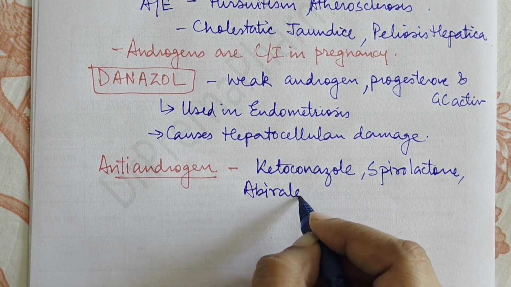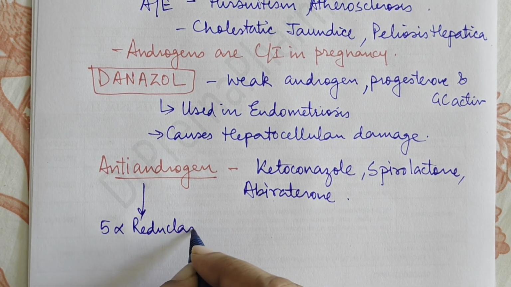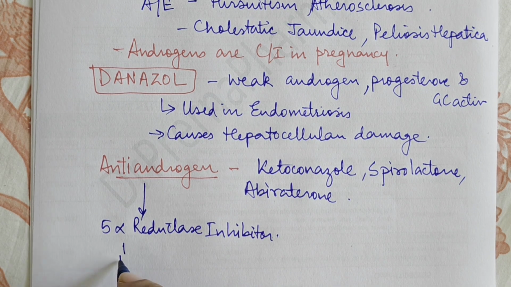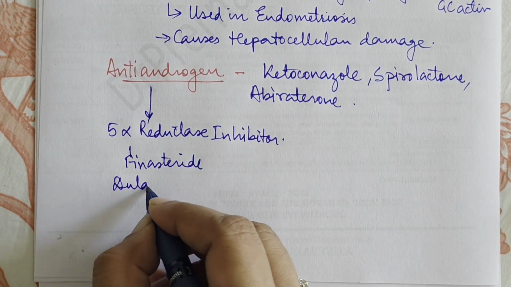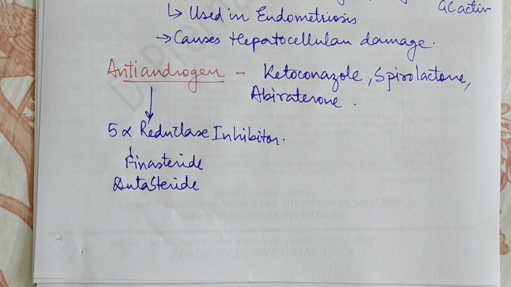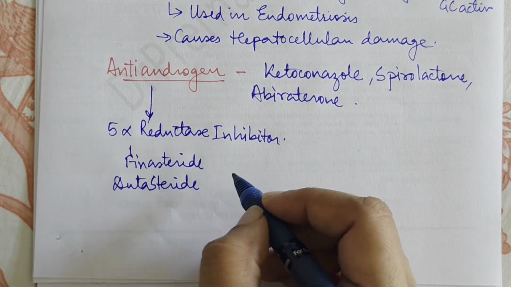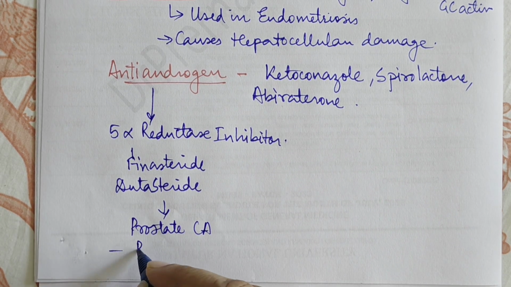Then abiraterone. Then we have 5-alpha reductase inhibitors, which are finasteride and dutasteride. And these drugs we had also discussed when we were discussing the drugs which are used in BPH. So these drugs are used in prostate carcinoma. They are also used in BPH.